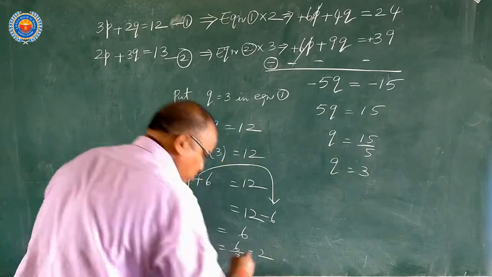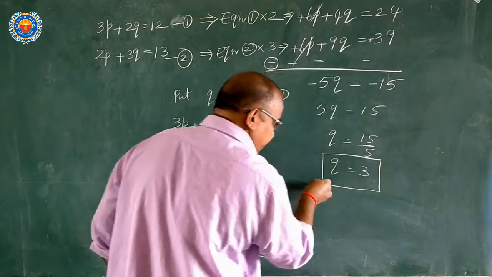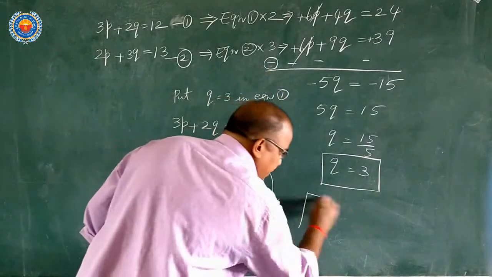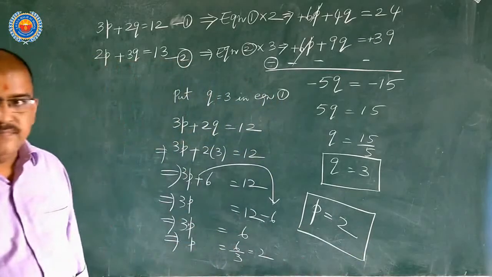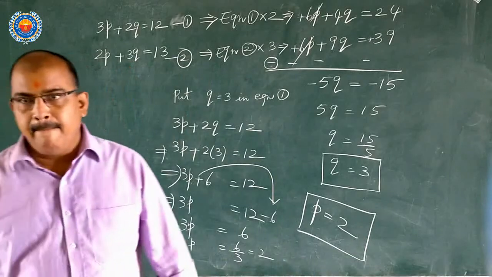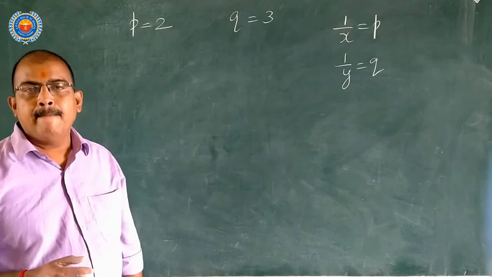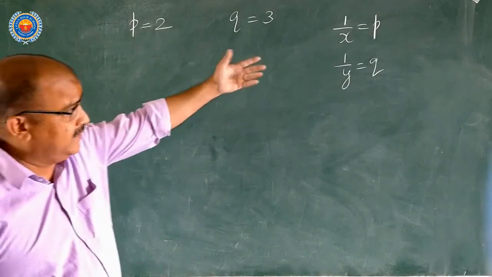P is equal to 2. I got q is equal to 3 and p is equal to 2. So p is equal to 2, q is equal to 3, but we should get x values.